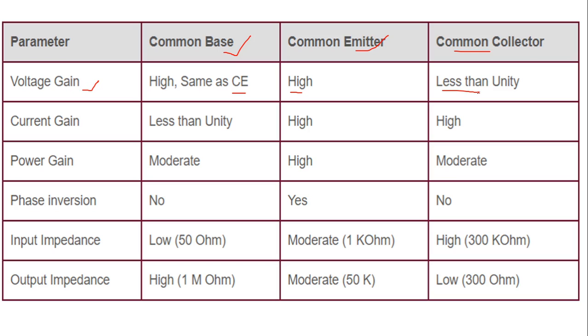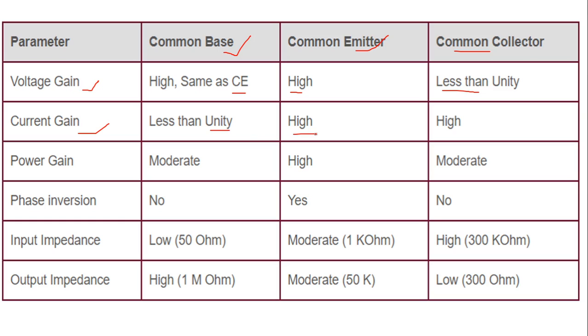For current gain in common base, the base is common, the output is collector, the input is emitter. The collector current is lower than the emitter current, so it is somewhat less than unity. It is alpha actually.